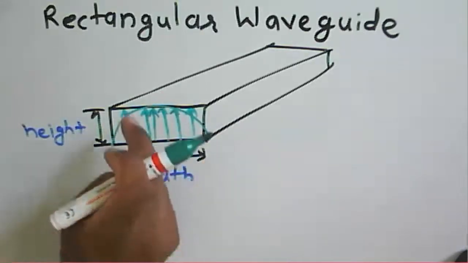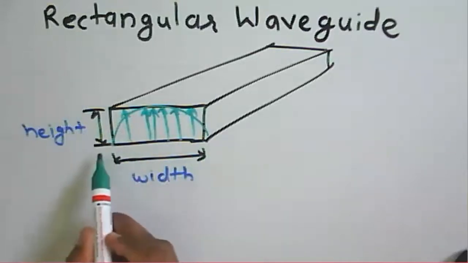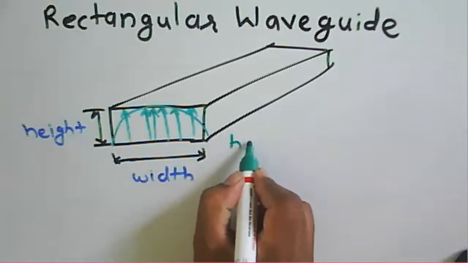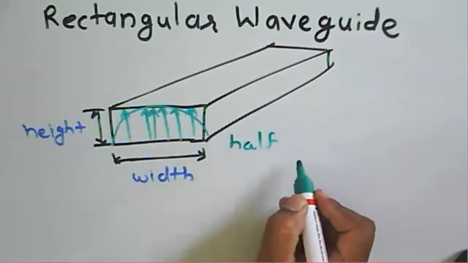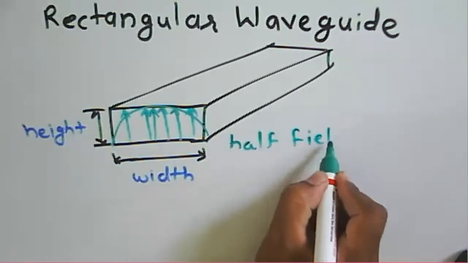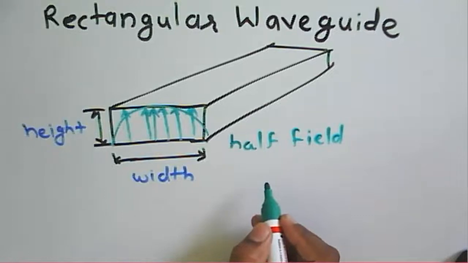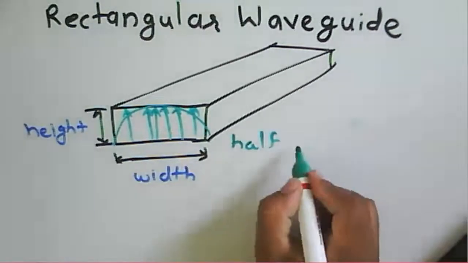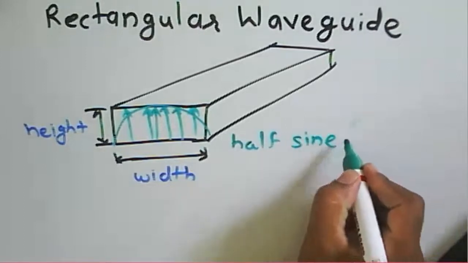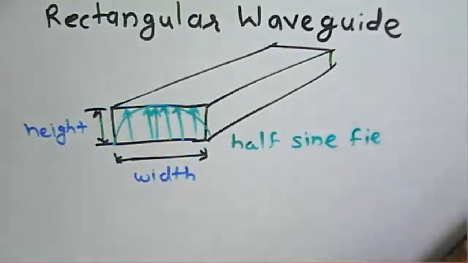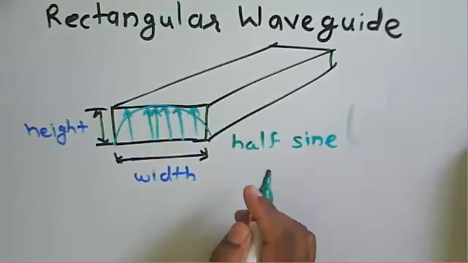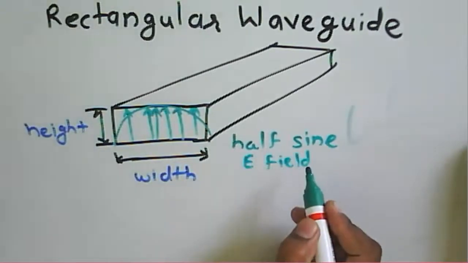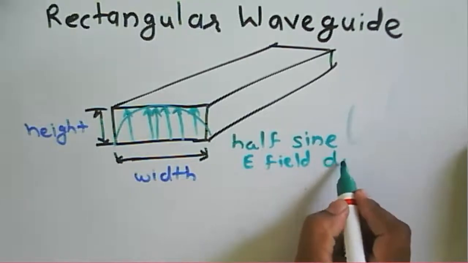The electric field component is always perpendicular to the width. So you can write: half sine E field distribution.